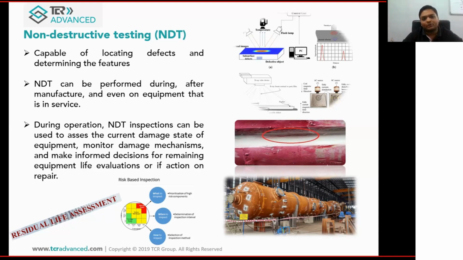During operation, NDT inspection can be used to assess the current damage state of equipment, monitor damage mechanism, and make informed decisions for remaining equipment life evaluation. By thickness measurement, we can identify the corrosion rate, and by that way, we can identify the remaining life of the component and piping. And if any action is required for repair, we can take immediate action on that.